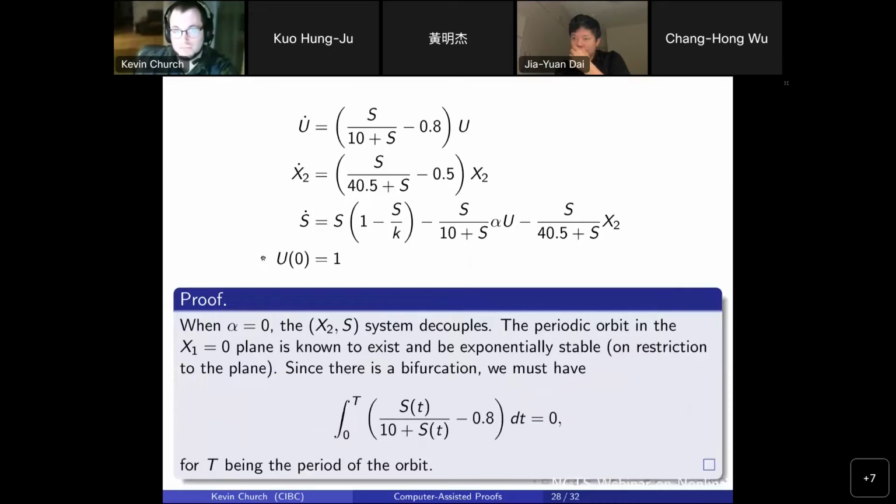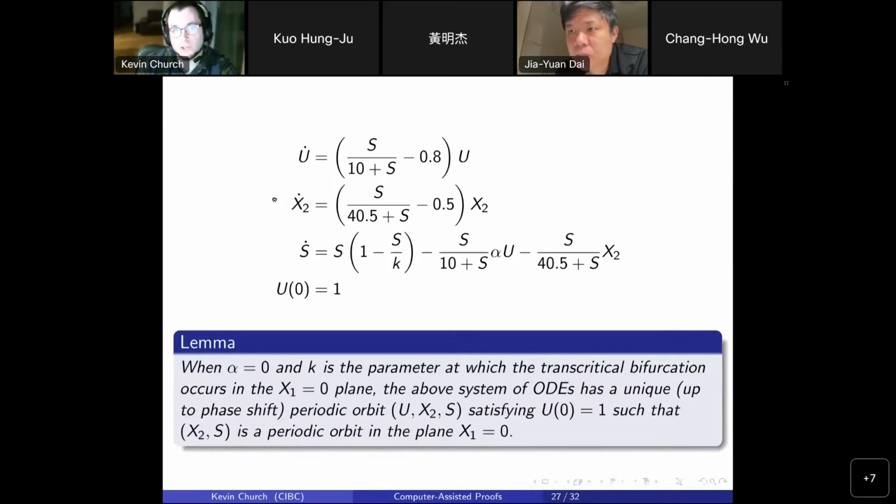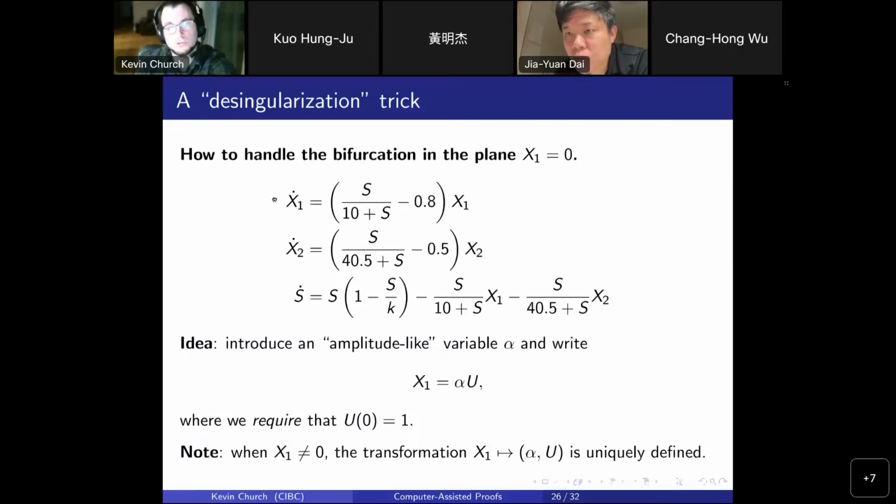if we set alpha equal to 0, then this block right here disappears, and some things are decoupled. So x2 and s are now independent of u, and if we look at the x2 and s differential equations, this is simply the original ODEs restricted to the x1 equal to 0 plane.